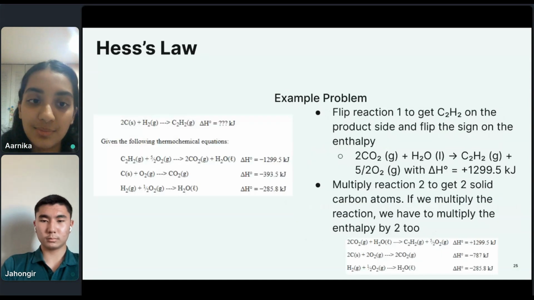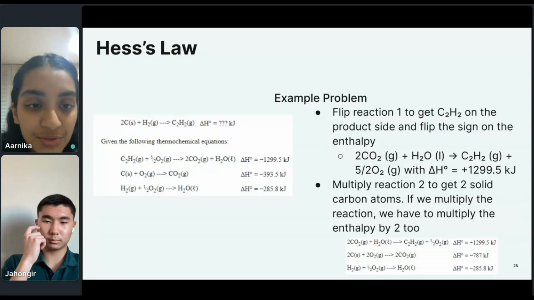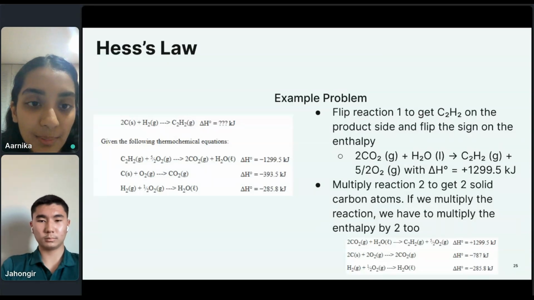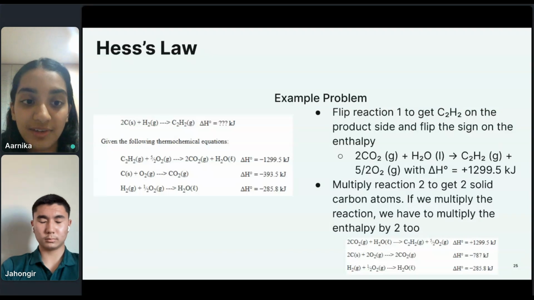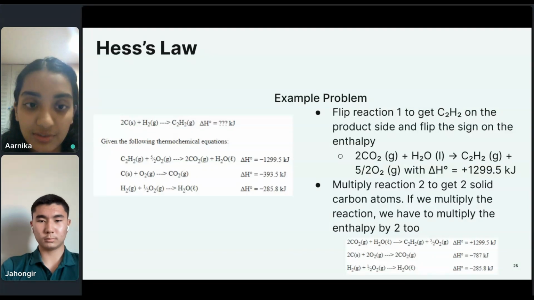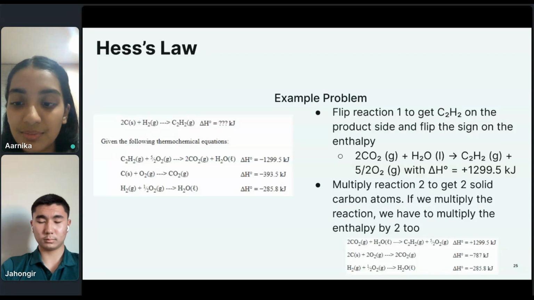All right, so here's an example problem. We have 2C plus H2, and that yields C2H2. That's the equation that you want to find with the 3 given thermochemical equations. I'm not going to read them out, but you can take a look at them as I go over the problem.